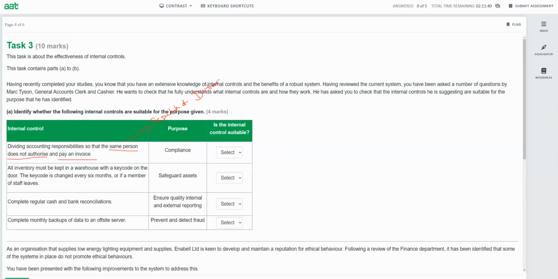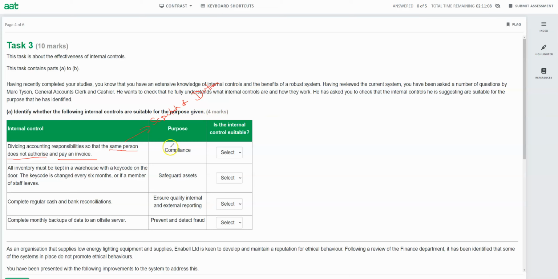For example, if one person is responsible for the purchase department and orders everything for the company, and if the same person is responsible for authorizing the invoice or making the payment, he can order anything he likes for his personal purpose, and also authorize it, because in the middle there is no one to check. For that reason we have to put the segregation of duties, that is the internal control that will be suitable for that one.